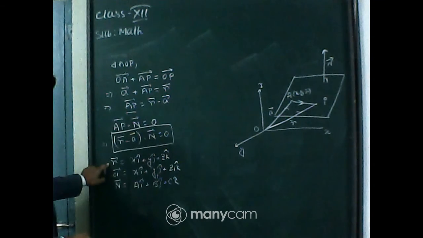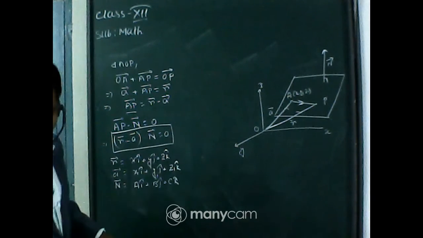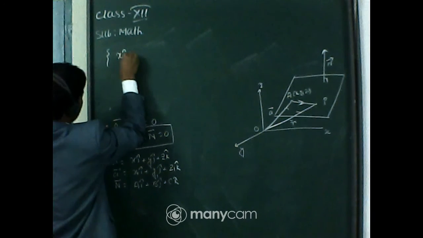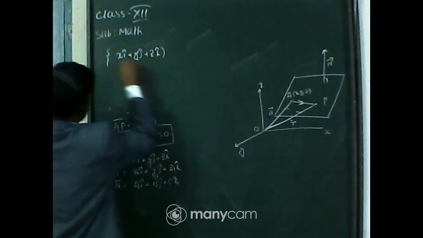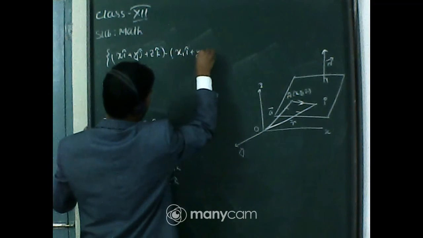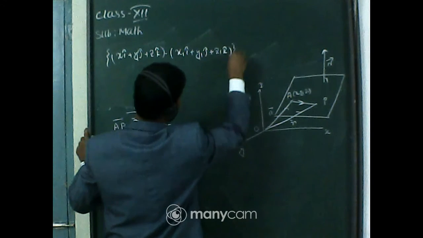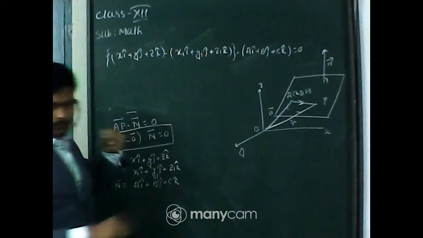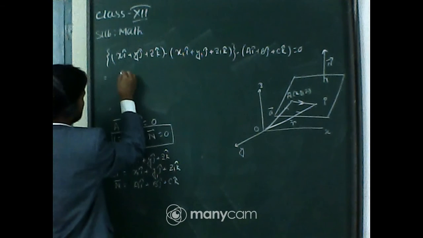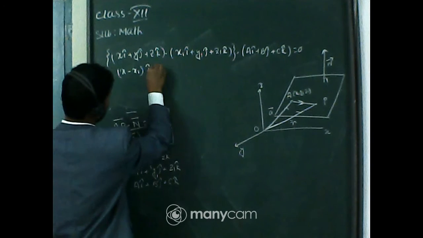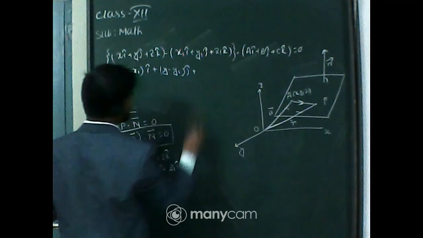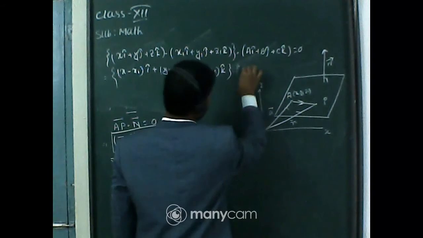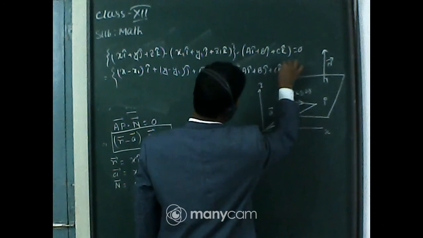Putting these values in the equation: (xi plus yj plus zk minus x1i minus y1j minus z1k) dot (ai plus bj plus ck) is equal to 0. Now do the calculation within the first bracket: (x minus x1) i plus (y minus y1) j plus (z minus z1) k, dot ai plus bj plus ck, is equal to 0.